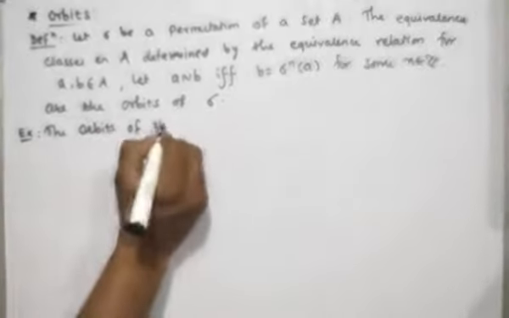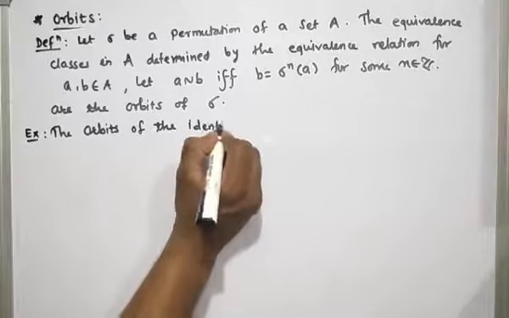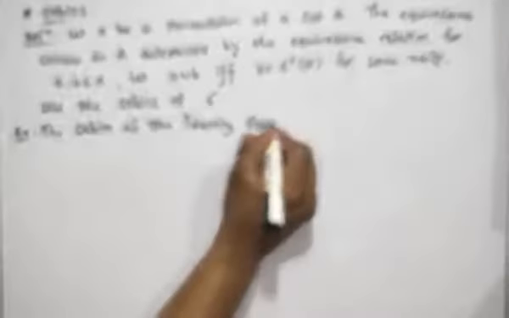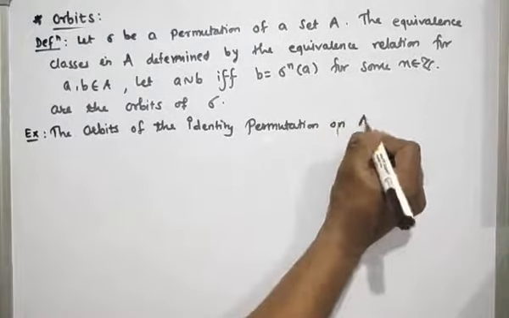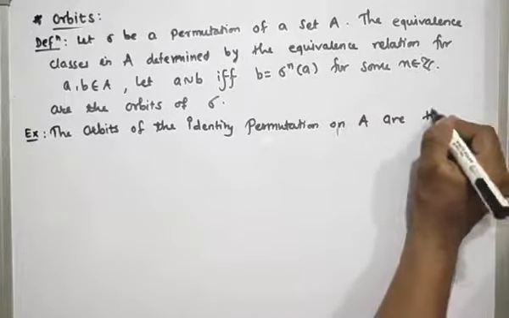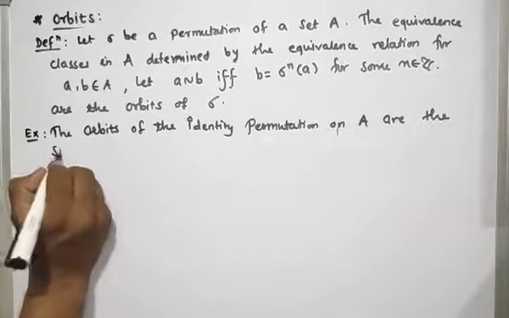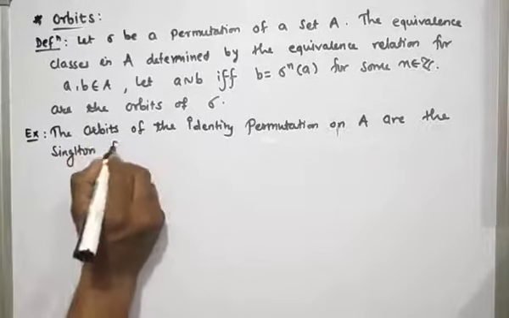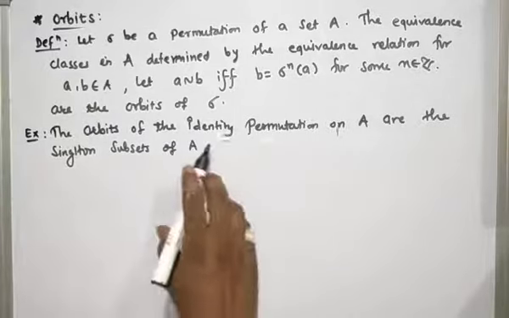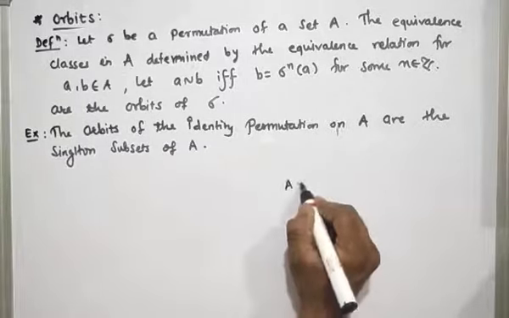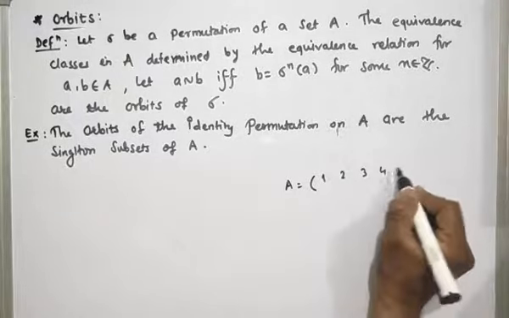So for example, the orbits of the identity permutation on A are the singleton subsets of A. Because the identity element is like this: suppose A is equal to {1, 2, 3, 4, 5}.